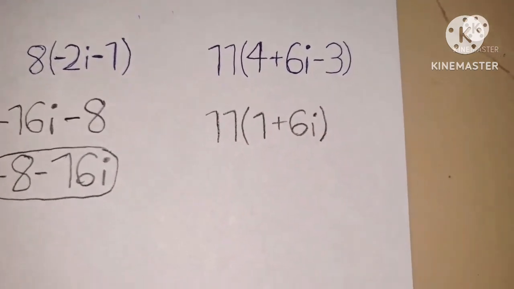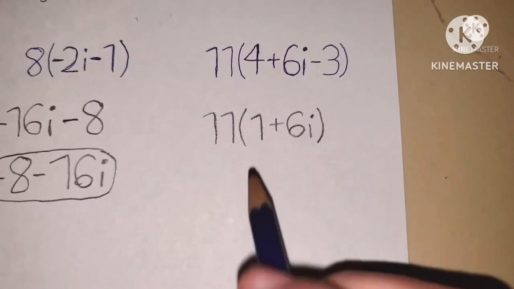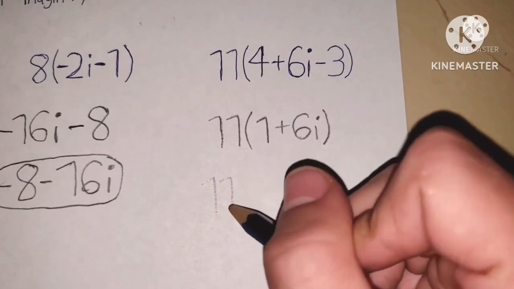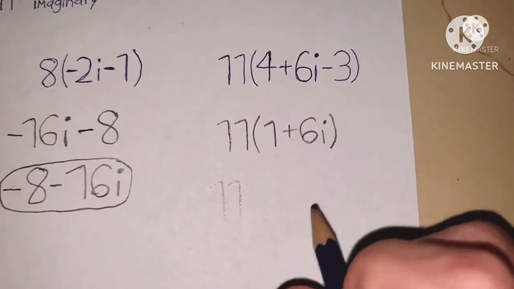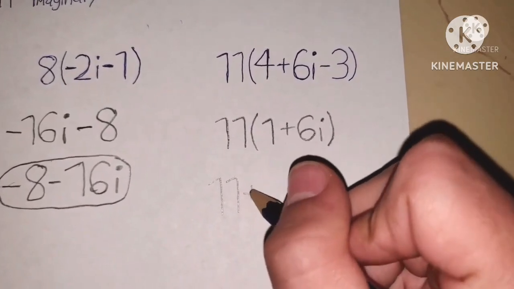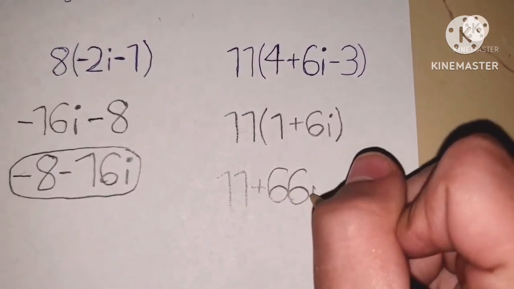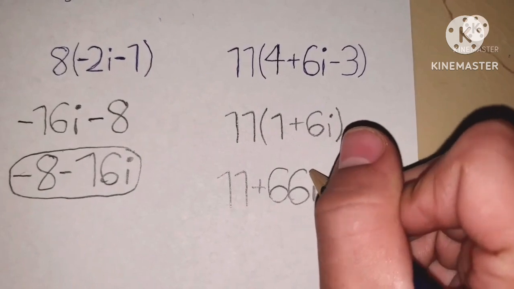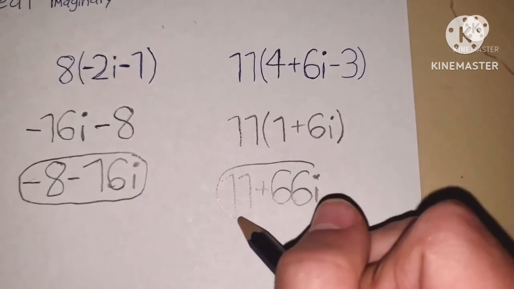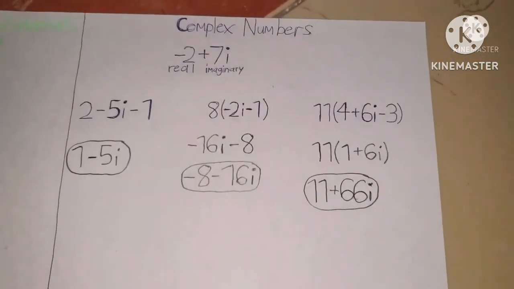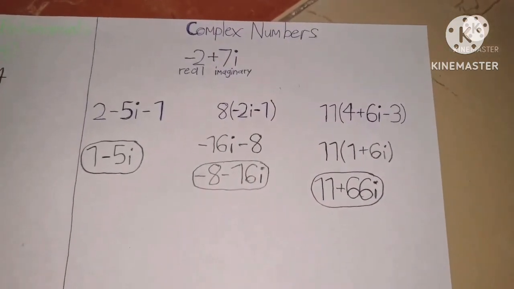So now you have to multiply. 11 times 1 is going to be 11, and 11 times 6i is going to be 66i. And there you go.